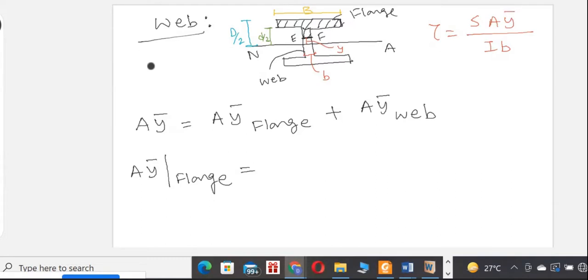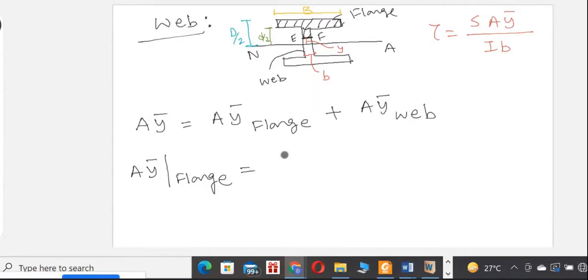So capital B by 2 into D minus d. Can you tell me once the area for the shaded part in flange? Please say it once more.